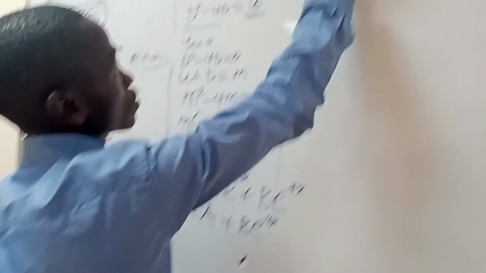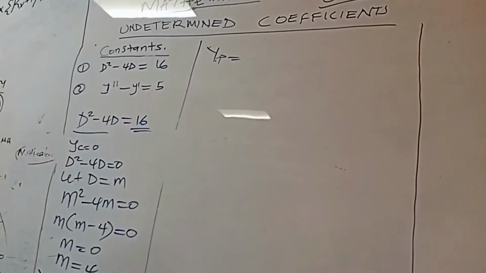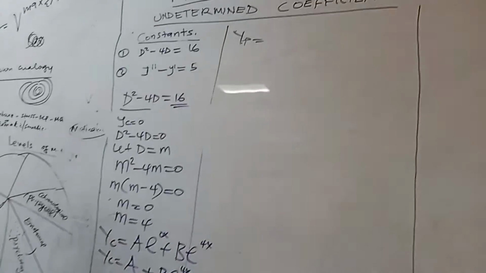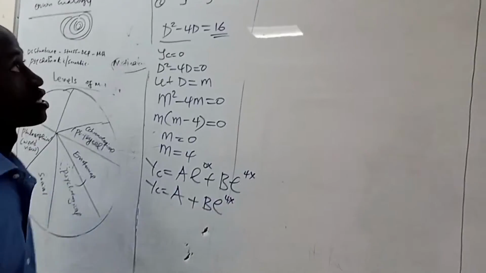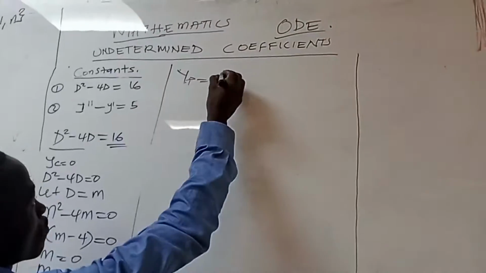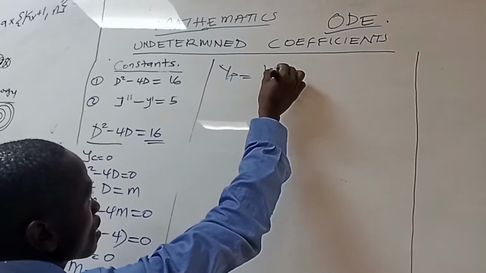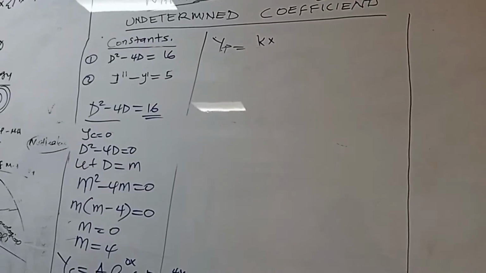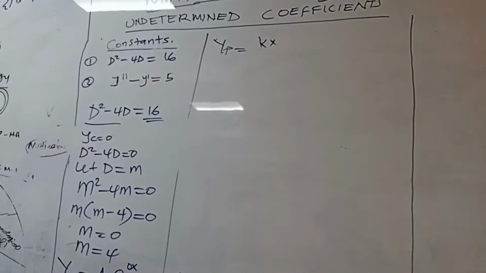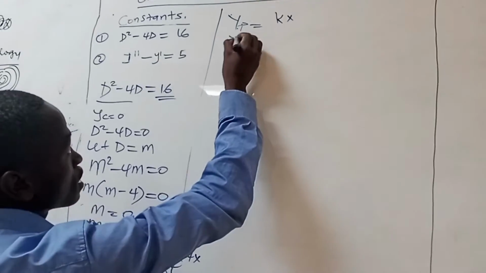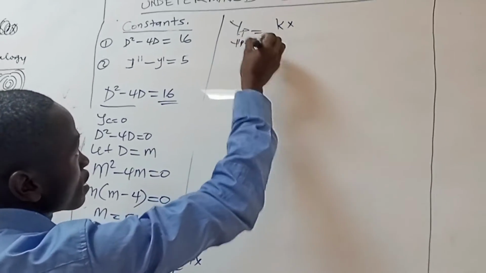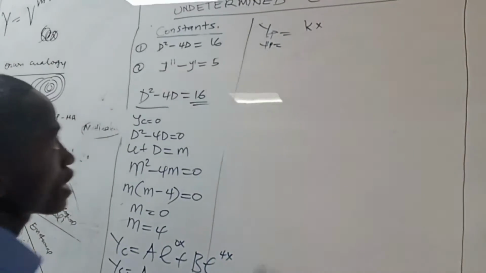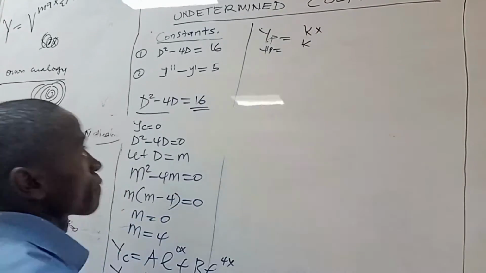So once again, this is now your answer on this side. You just go to your yp, and since your function has a constant, you would get a constant of your own, assume it is kx, and this is the function that you will use to differentiate. So the first derivative of this, the x will just disappear, and you remain with k.